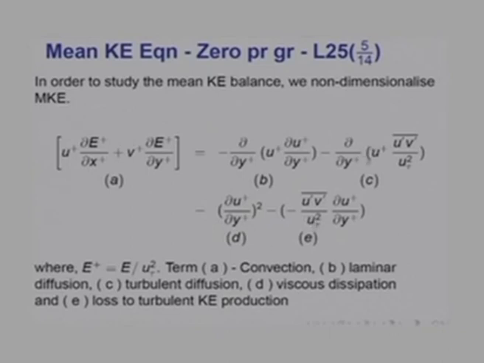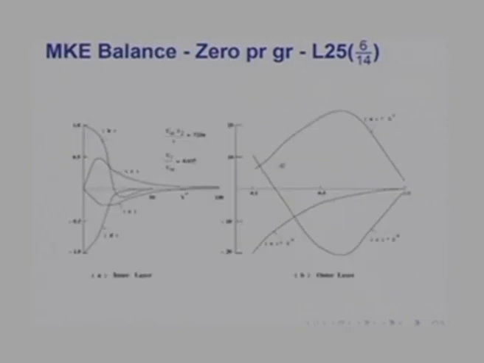So, these two terms dominate in the outer layers, whereas the laminar viscosity and laminar dissipation are not that significant in that part. So, you will see that convection of mean energy is almost completely balanced by turbulent diffusion and by production of turbulent kinetic energy, which of course has the largest magnitude close to the wall, about 0.1, and then it goes on reducing.